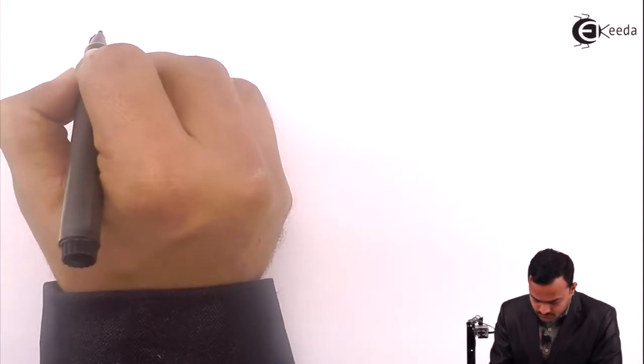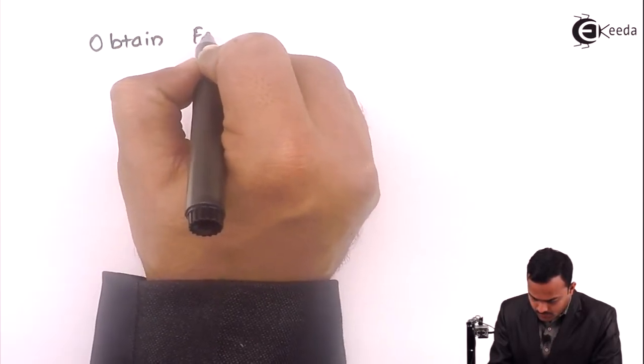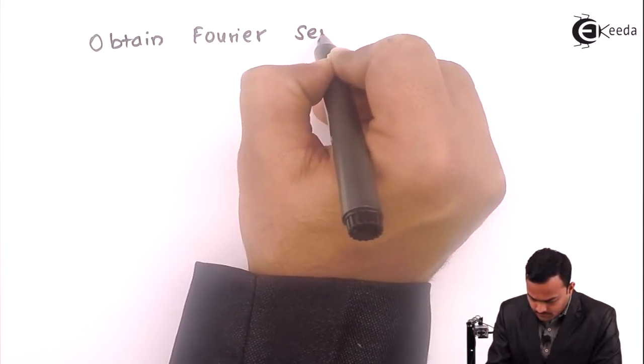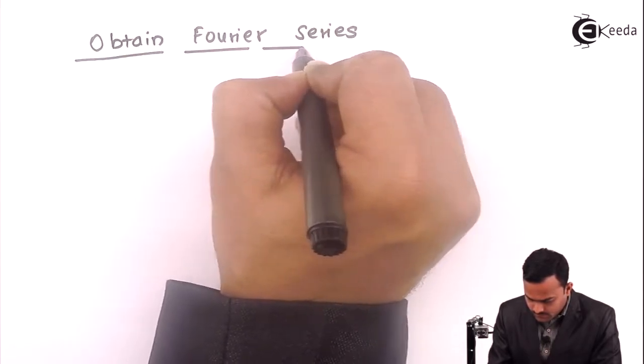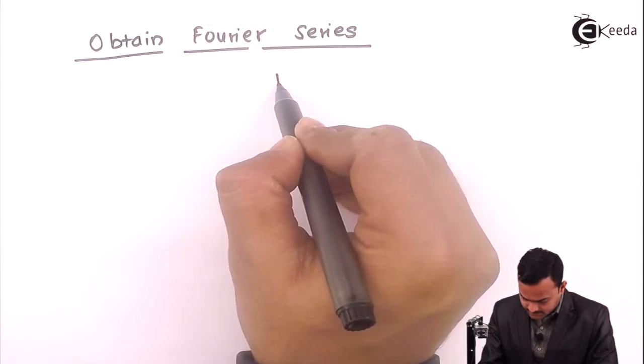Hi students, in this video we are going to see a problem based on continuous time Fourier series. So the problem is: obtain a Fourier series for the following waveform. So the waveform is given like this.